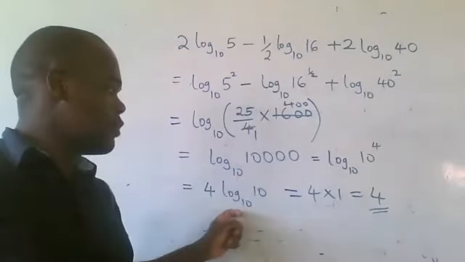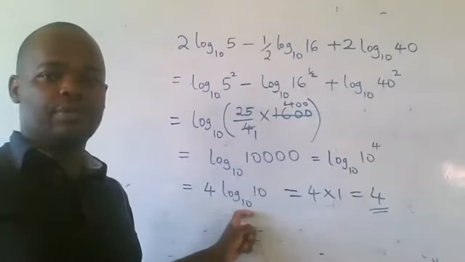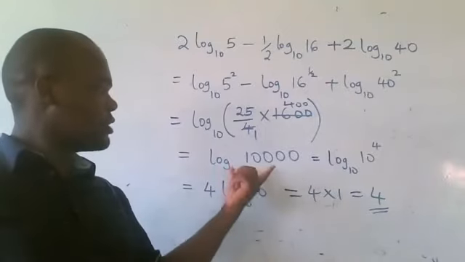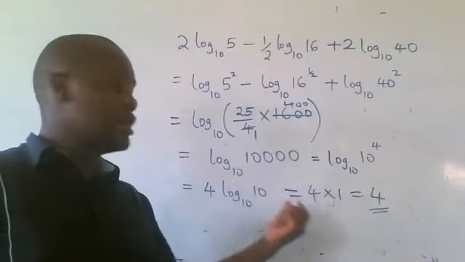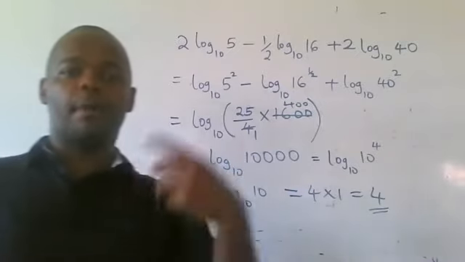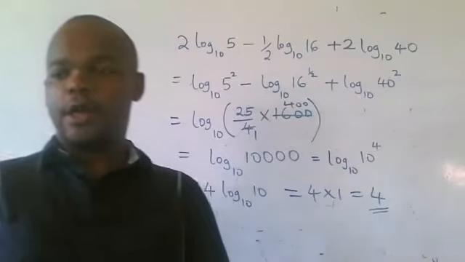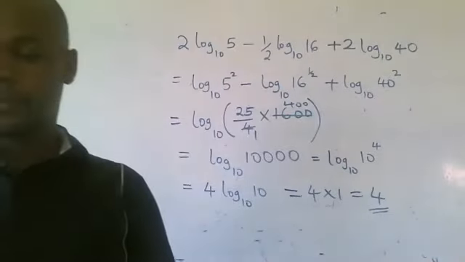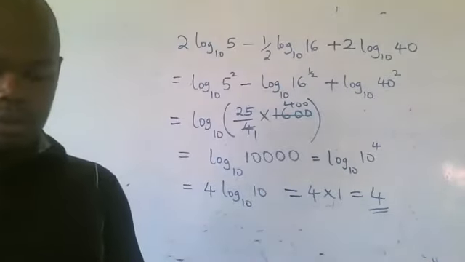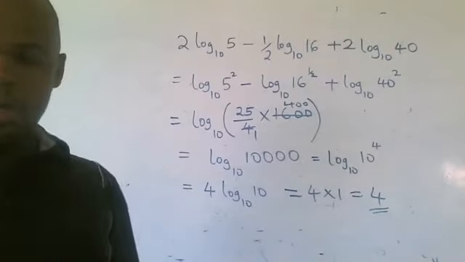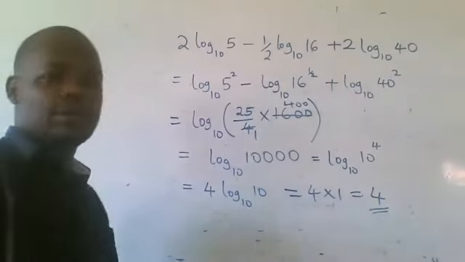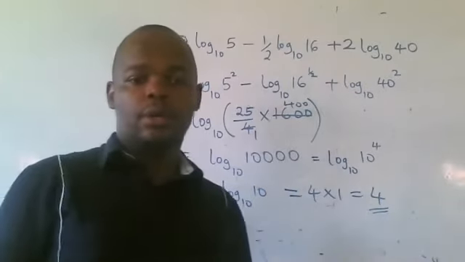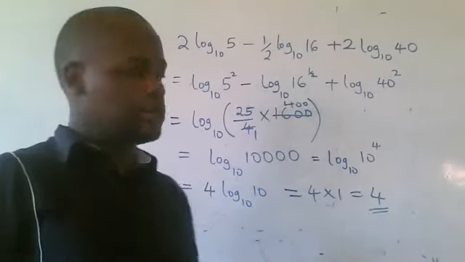So you don't have to go through these steps. What is important is just noting that log 10,000 to base 10 is 4 because 10 power 4 is 10,000. So you check on that.